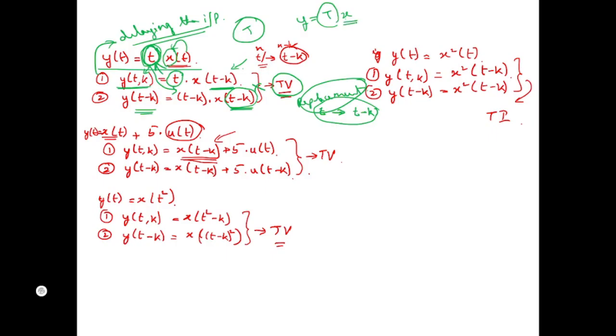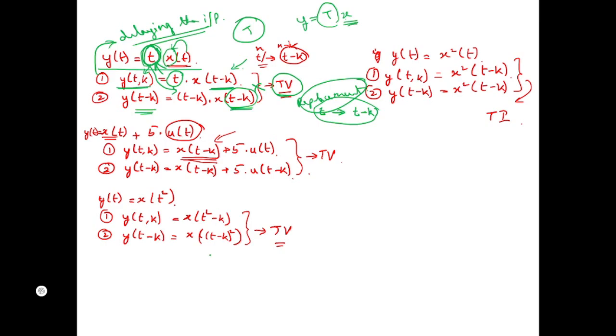Only where you have the input x, the time inside wherever x is written, that alone would be delayed. Here there is no dependent variable; those all form part of the transfer function.